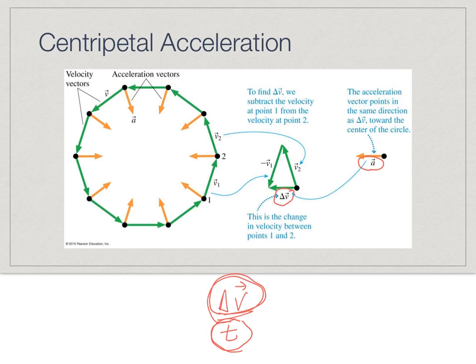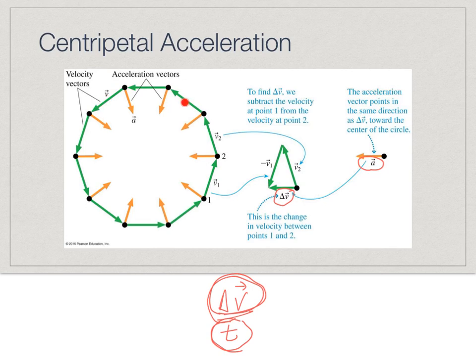And so if I track my delta v's around, this is where I have final velocity minus initial velocity. Let's switch this one around to be here, and I add this one and the negative of that, and this is what I get: an inward, or to the left, change of velocity, which means a leftward acceleration.